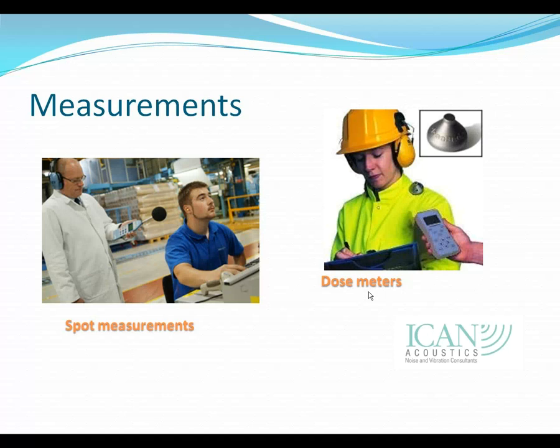Dose meters are particularly useful if you are planning to monitor noise over very long periods of time. Dose meters are something that we would encourage most facilities to have so that they could build up historical data. You should keep in mind, however, that dose meters can be subject to inaccuracies.